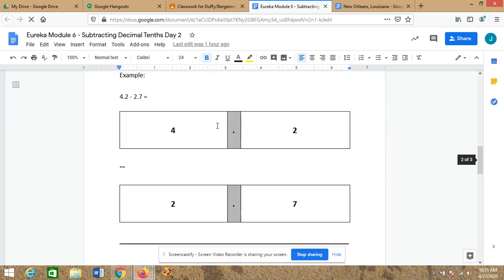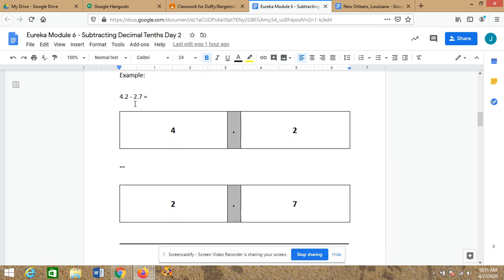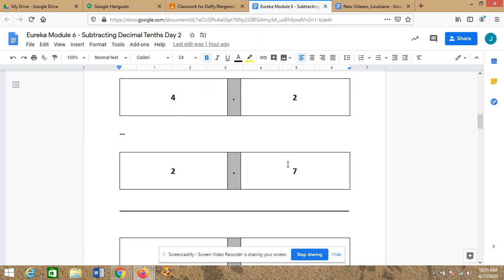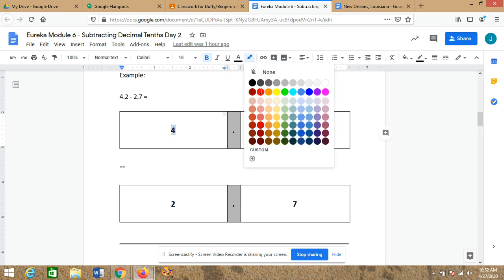Make sure we're showing when we borrow and then carry. So for the example, we have 4 and 2 tenths minus 2 and 7 tenths. Go all the way to the right to the tenths place. 2 tenths minus 7 tenths. Can't do that, so I'm going to borrow from the ones.